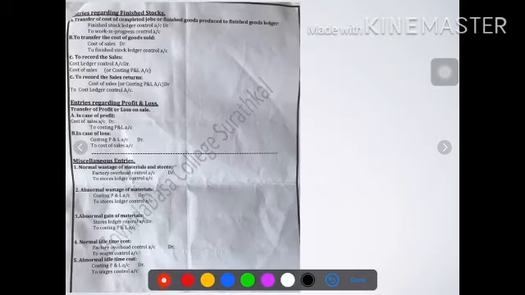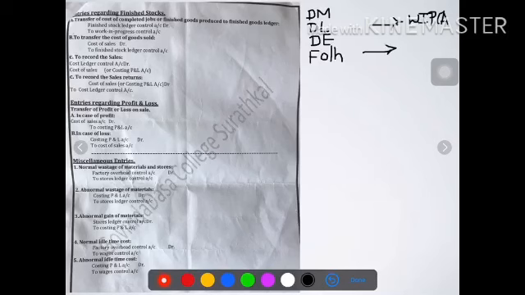Before going through this, let me explain the process again. Till now, we took the direct material, direct labor, and direct expenses, and we charged them to work in progress control account. Along with this, we also charged the factory overhead to work in progress control account.